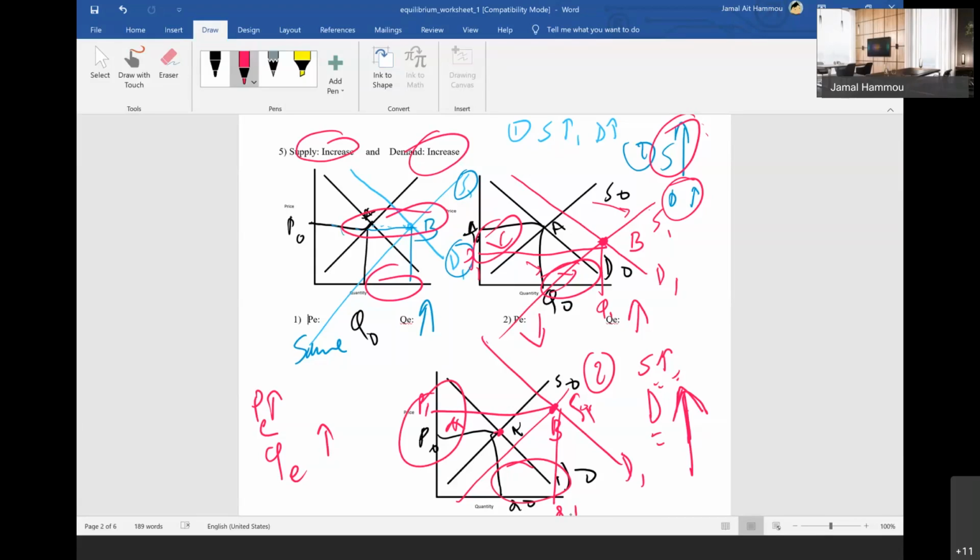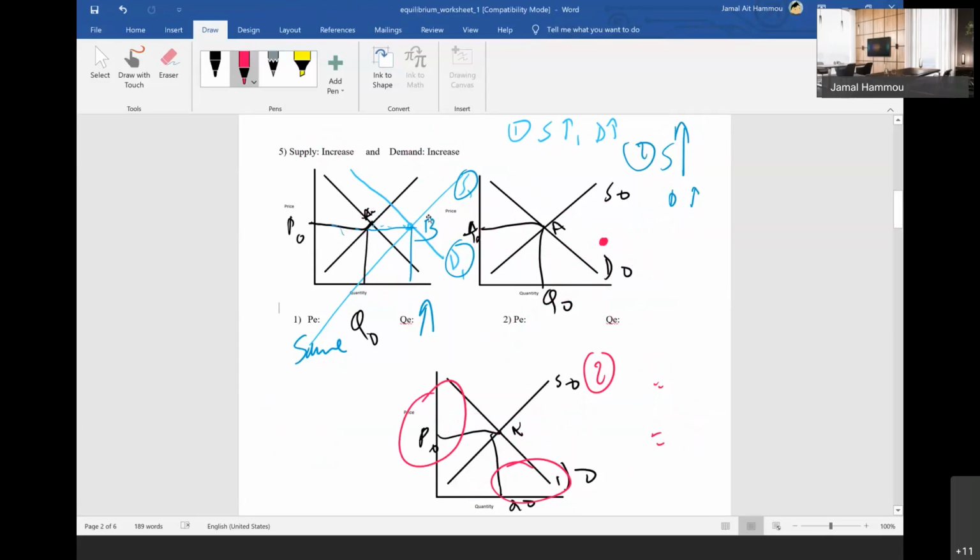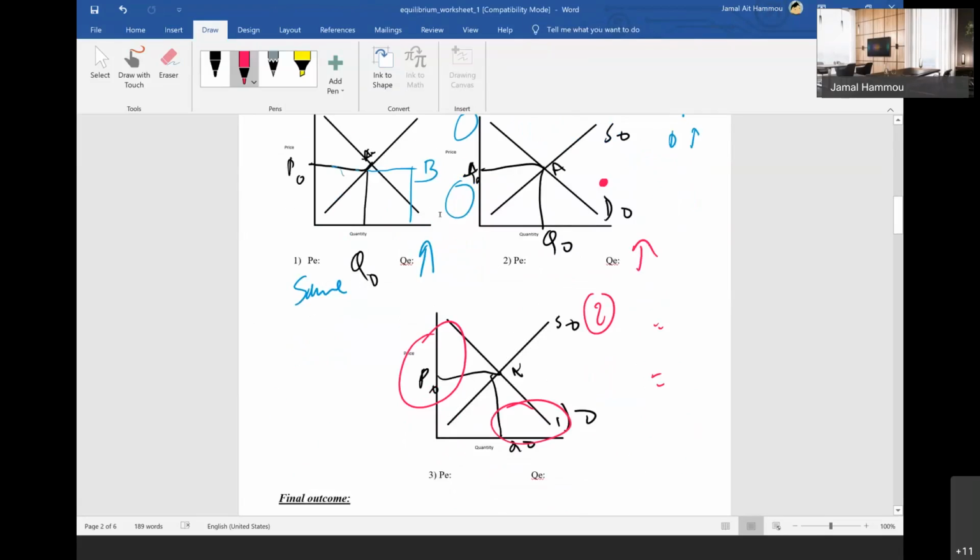Okay, we're just going to erase all this stuff. So in all the 3 cases, the quantity is going up, all of them. But in one the price stays the same, in another it has decreased, and in the other it has increased.